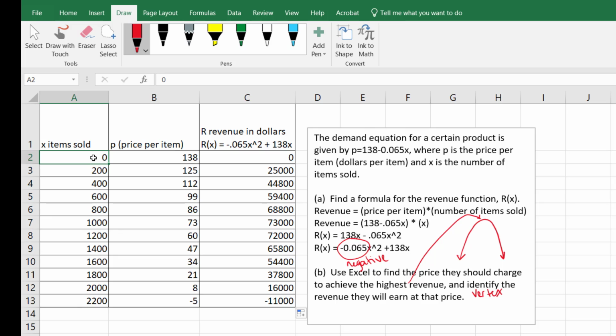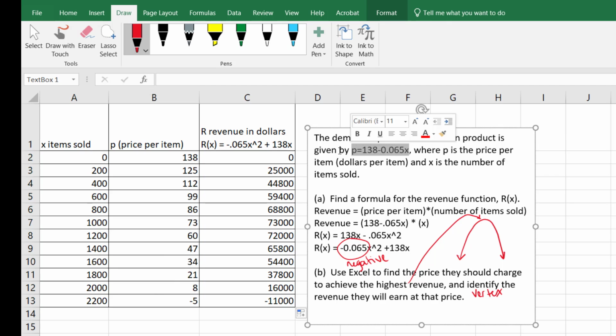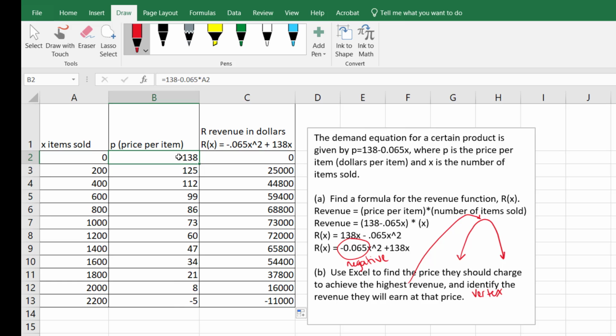I took this up to about 2,200, and the reason I did that is because if you look at the price per item values that are coming from the formula 138 minus 0.065x, you'll find that those values are, of course, going down because the slope of that line is negative, but the price per item values become negative in this zone down here.